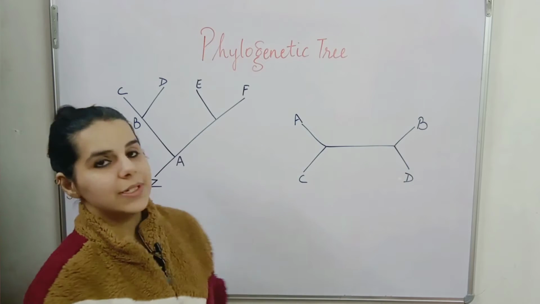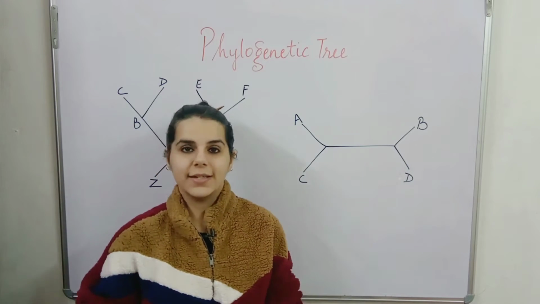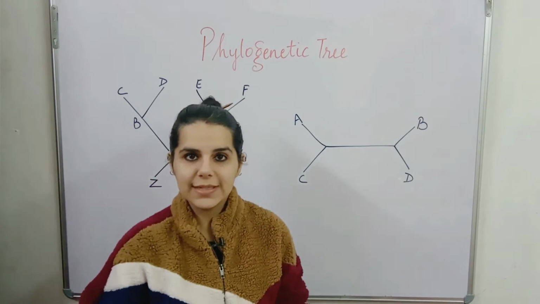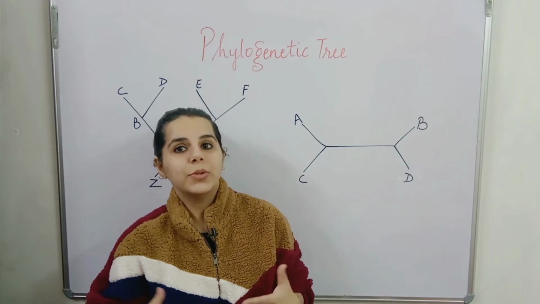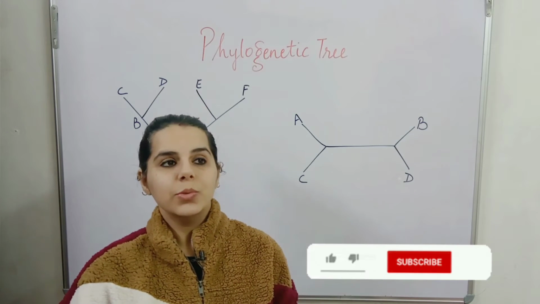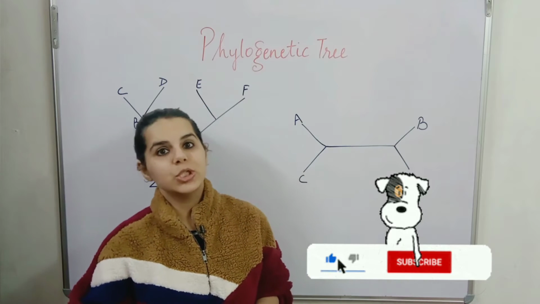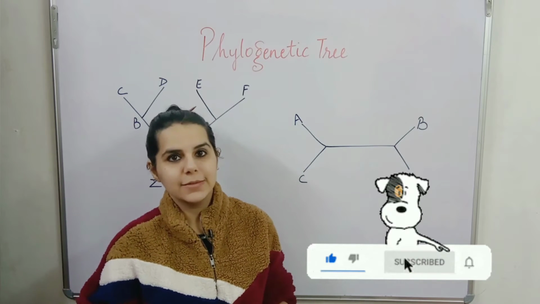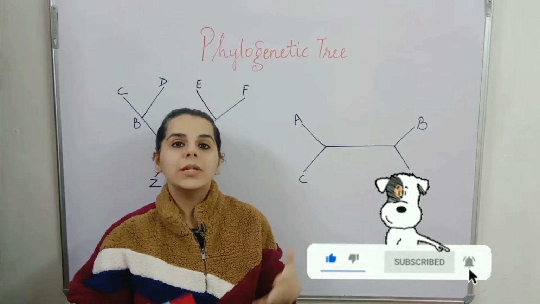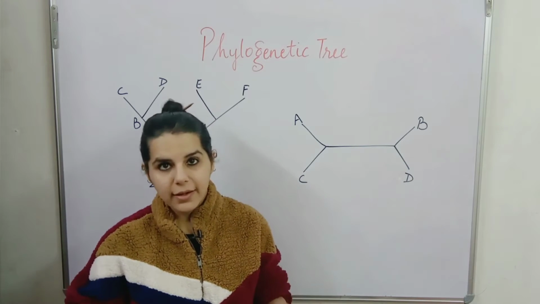Now phylogenetic tree is basically a tree that has a set of organisms or species, and this is a tree of life, right? So we are here studying the phylogeny of different organisms. Why is it called a tree? Basically it is a diagram only, right?